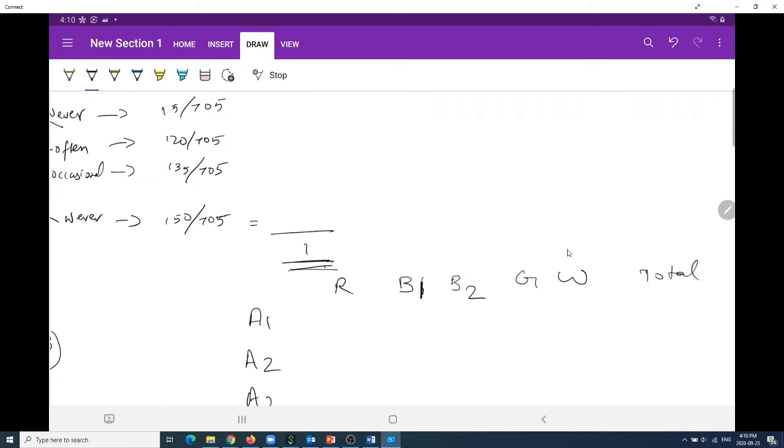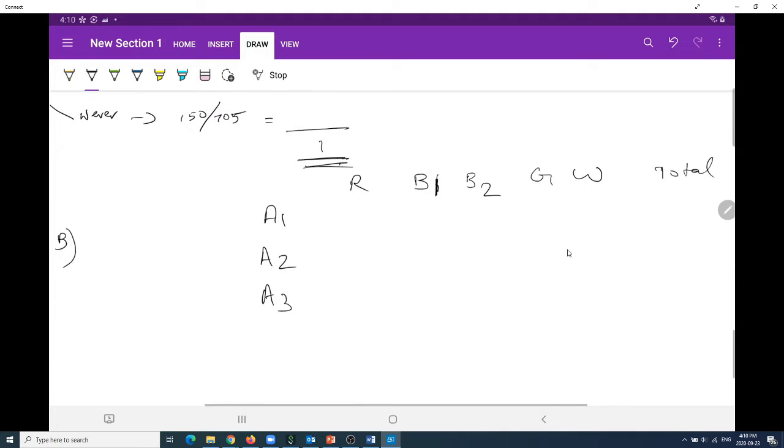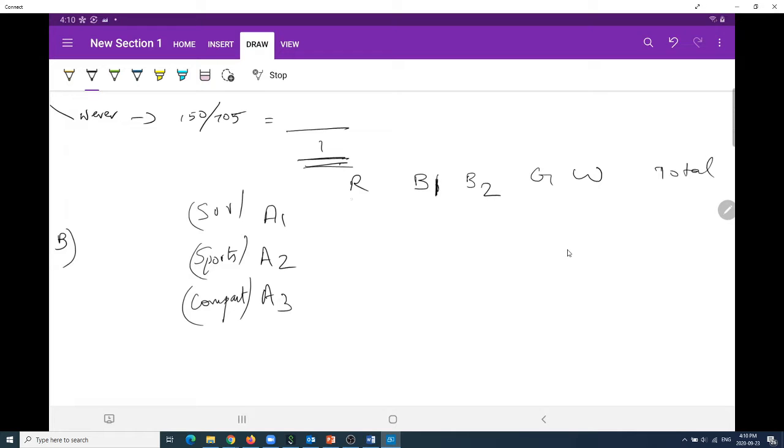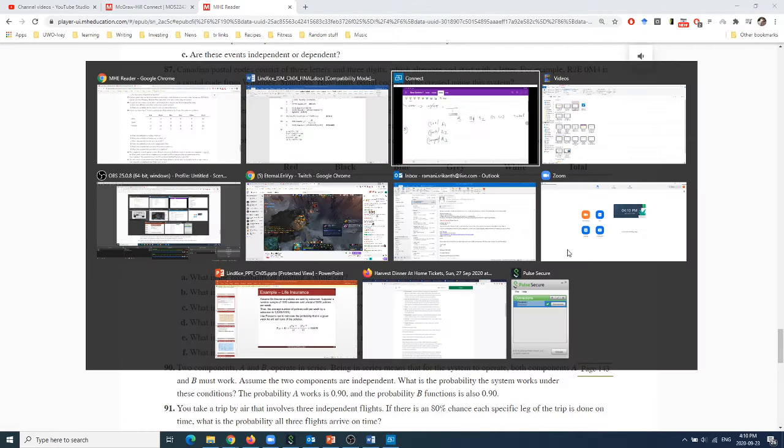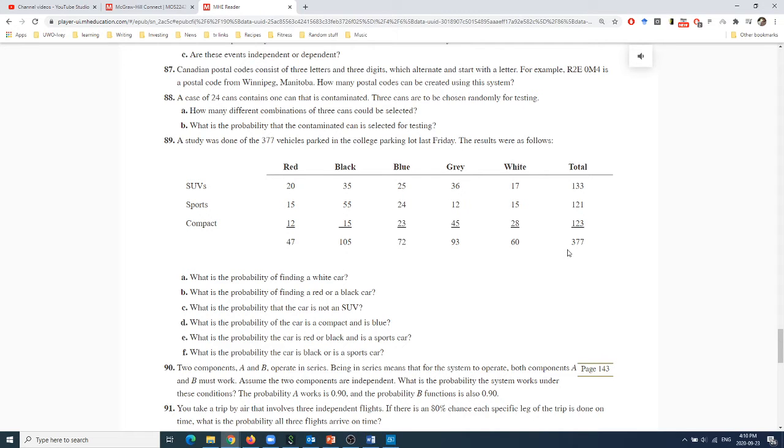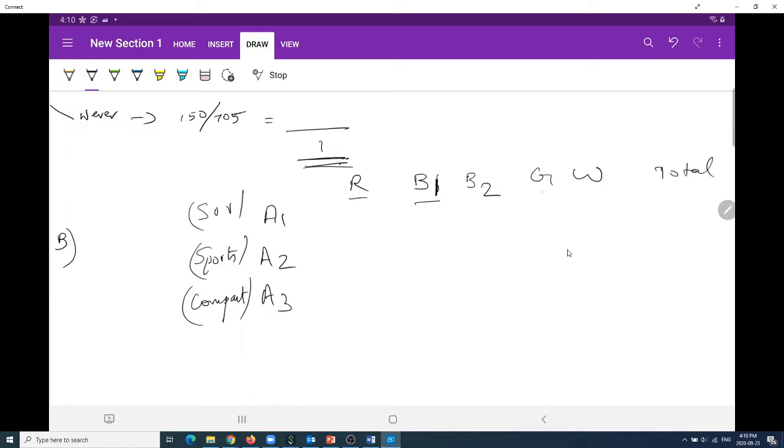So you could call these types of cars SUV, sports, and compact: A1, A2, and A3. And you could name red as R, B1 is black, B2 is blue, G is gray, and W is white.